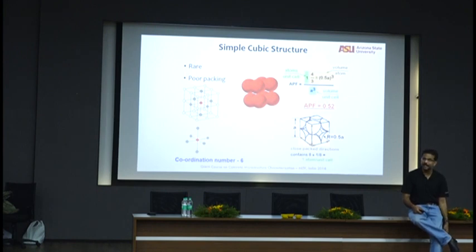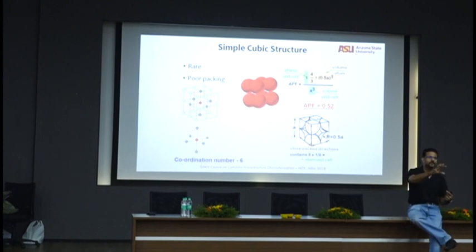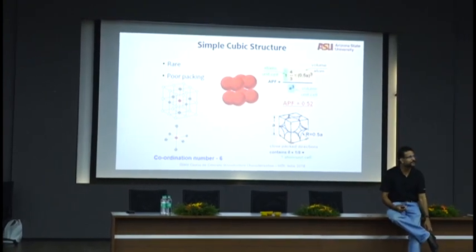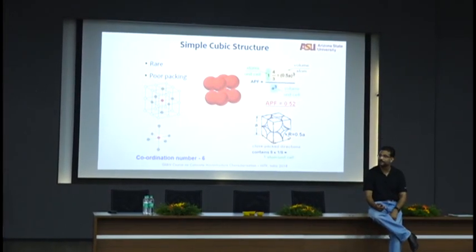Basically what it says is that if I have spheres of the same size and I am arranging them in an organized fashion at the corners of a cube, I can fill only 52% of the space. 48% stays as?